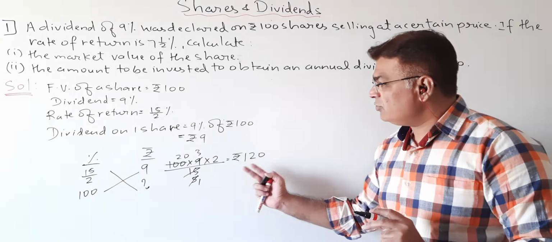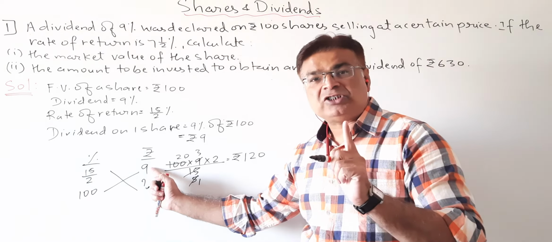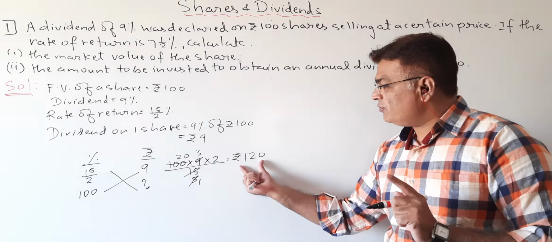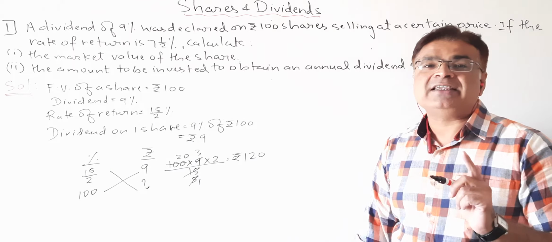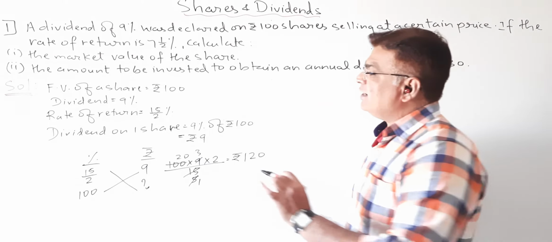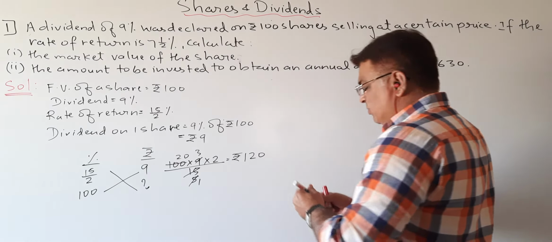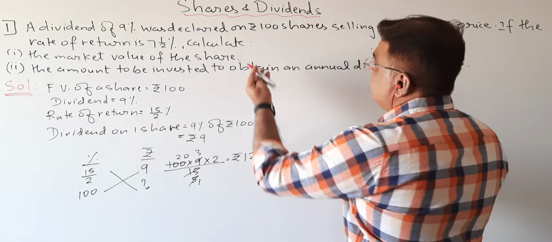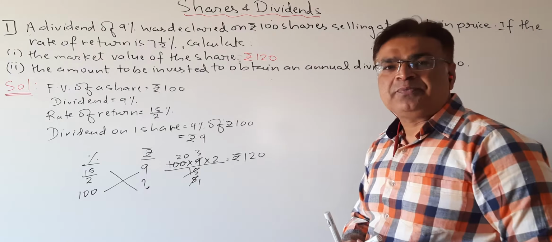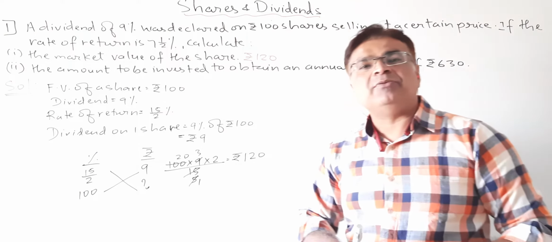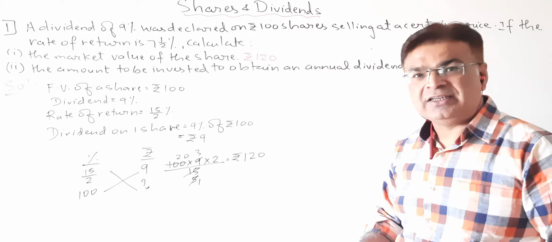So this is the price of one share. So this 120 is also the value of one share. So I can tell that the market value of the share will be rupees 120.